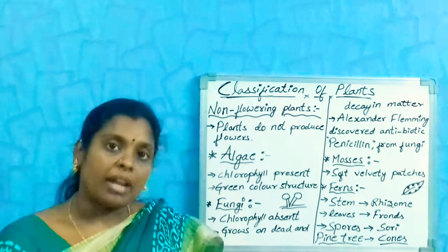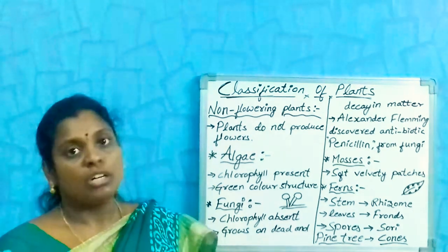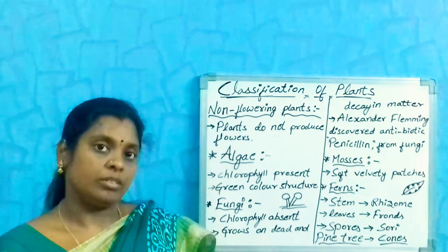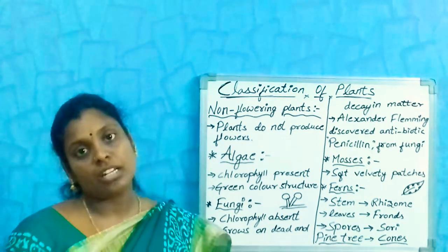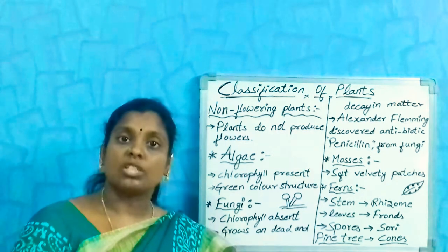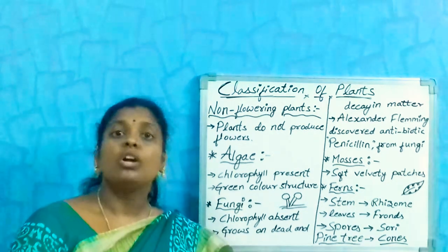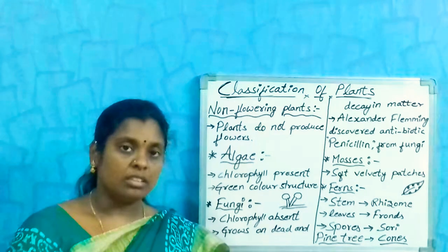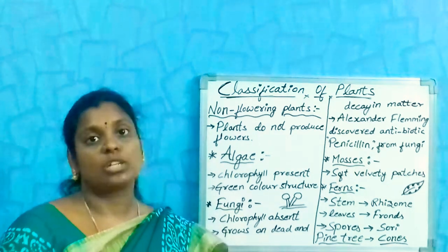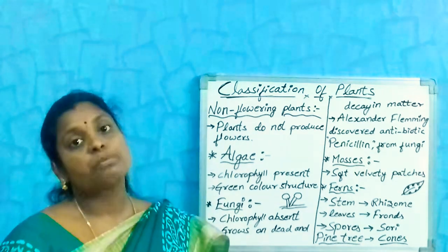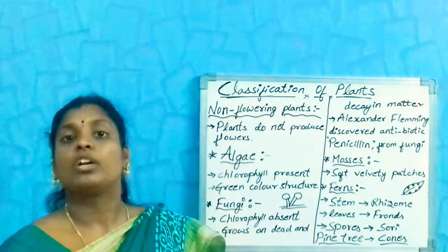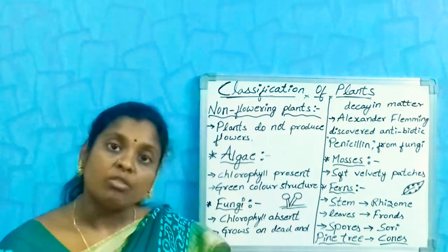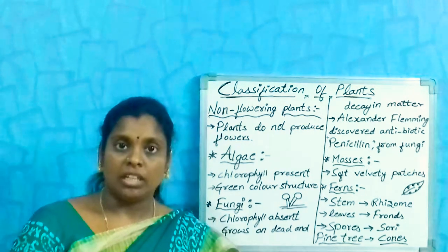First of all, what are plants? How do they prepare their food materials? The plants prepare their food materials because of the presence of a pigment called chlorophyll. Based on this chlorophyll, they absorb the sunlight and carbon dioxide from the environment and water from the soil.